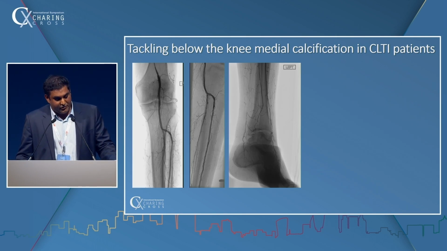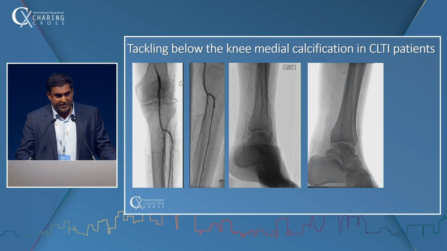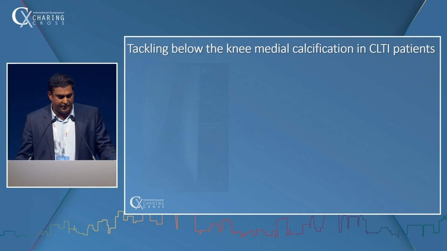So it's quite straightforward to treat the top of the AT with a high-pressure non-compliant balloon, but you can see distally there is immediate recoil after treating that distal DP, and this is where these patients do badly, on-table failure and early limb loss. And you can see the calcium burden just on the plain X-ray.